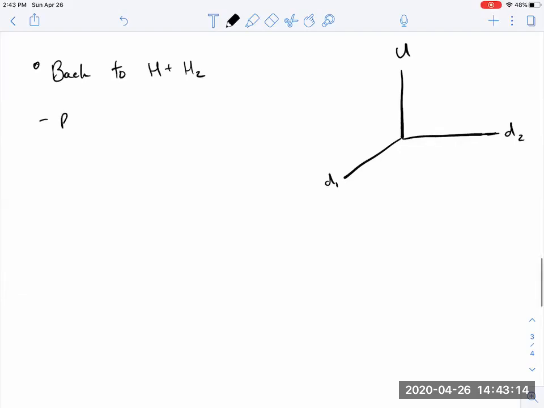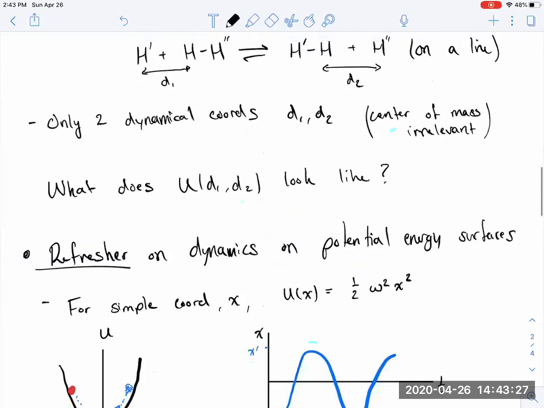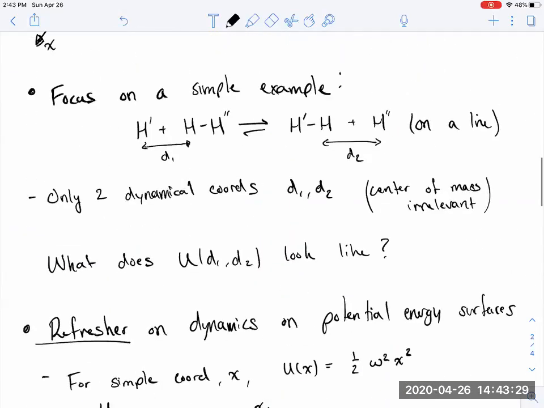So for the reactant state, when d1 is much, much greater than d2, d1 was the separation distance between that incoming hydrogen H prime and the H2 molecule.